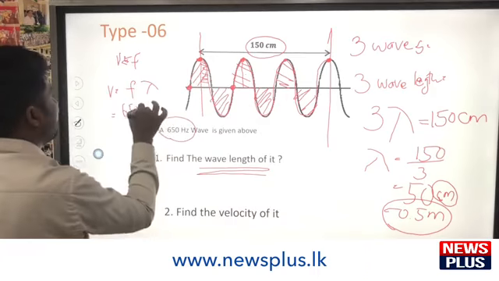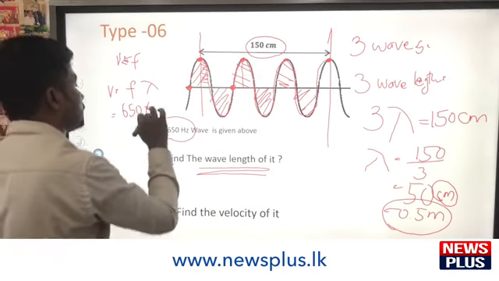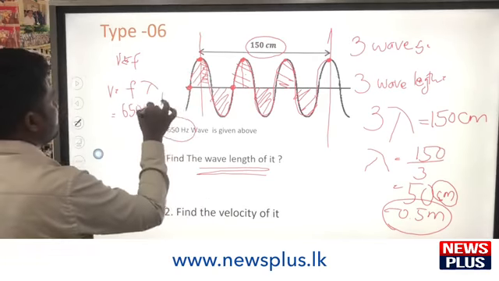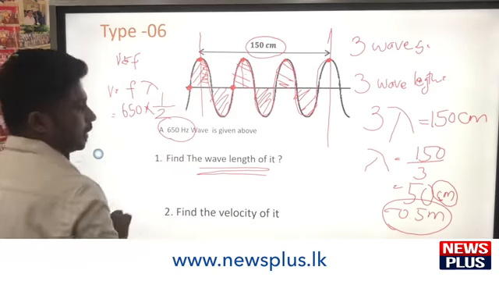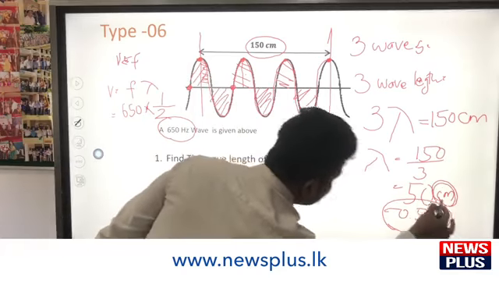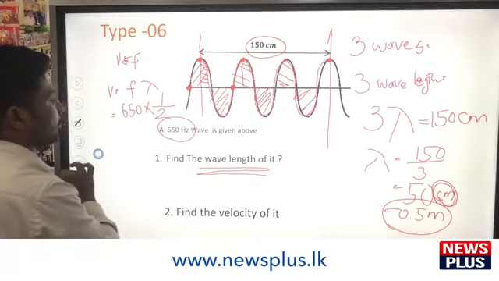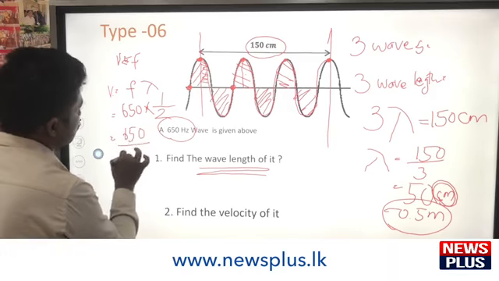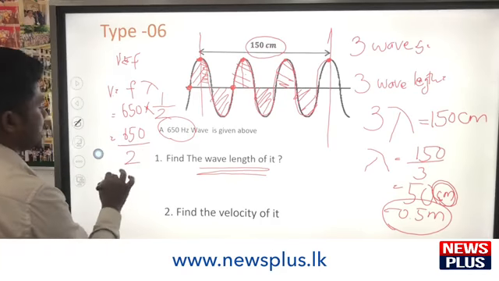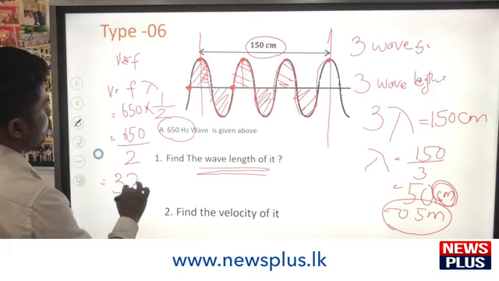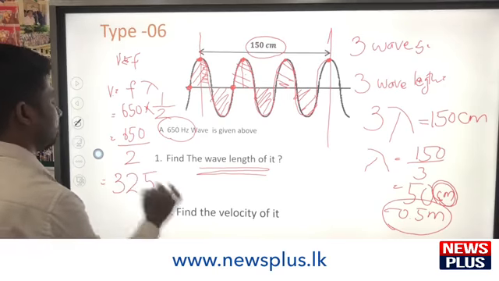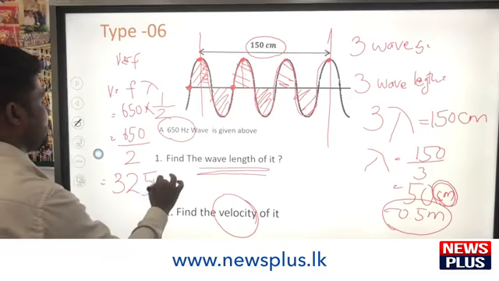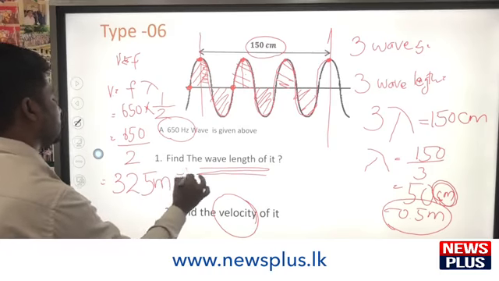If you put 0.5, you will struggle to multiply it. The very easy method is to put a half. If you put 50 centimeter, then the answer will be wrong. So 650 over 2. Then what is the answer? 325. The question asks for velocity or speed, in m s^-1.